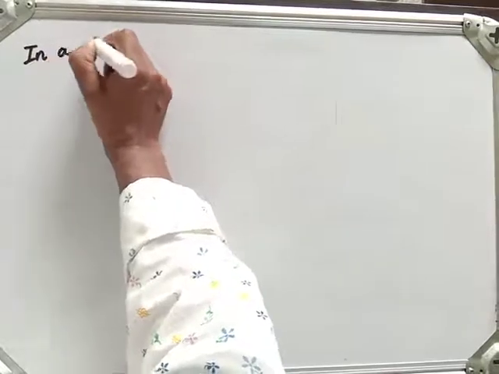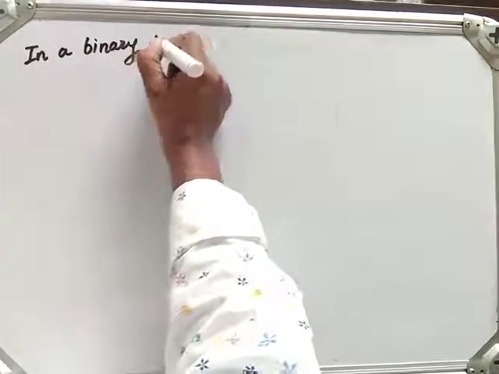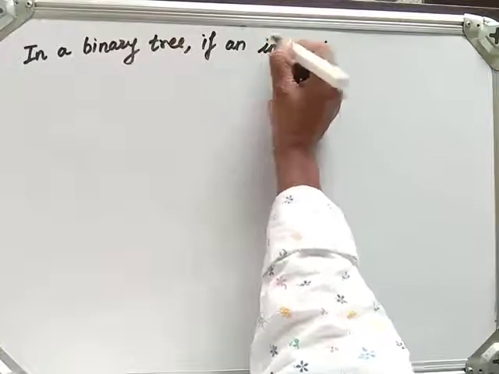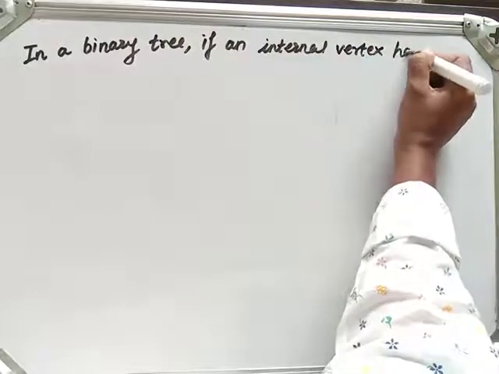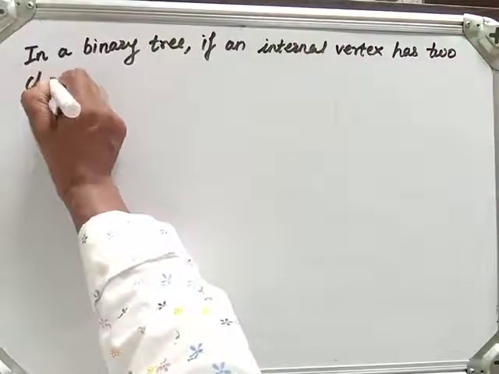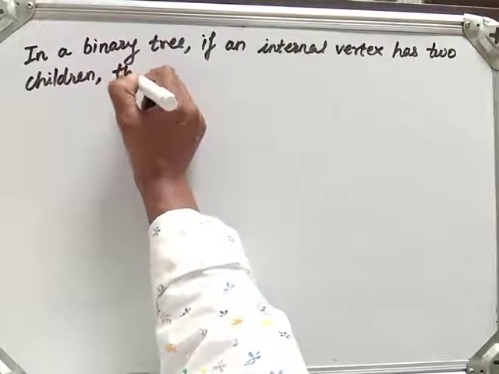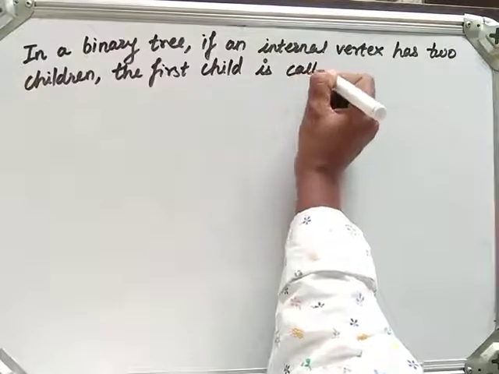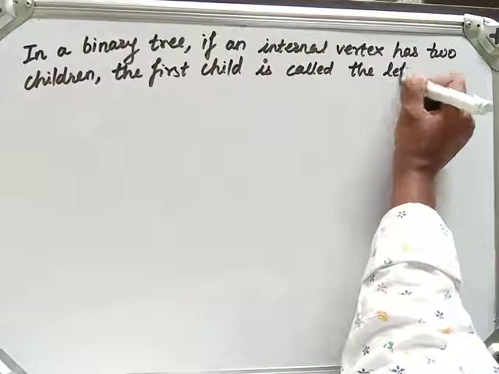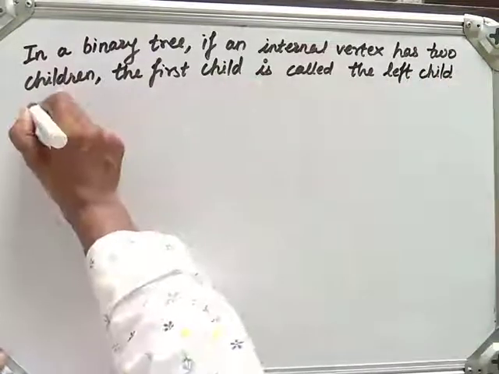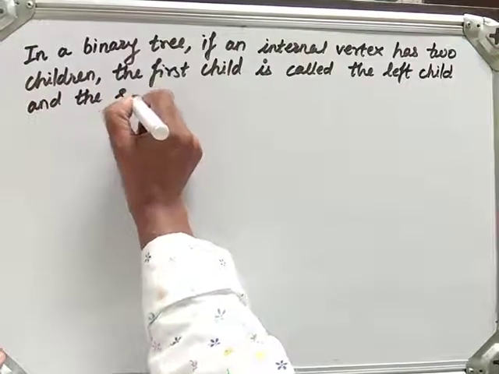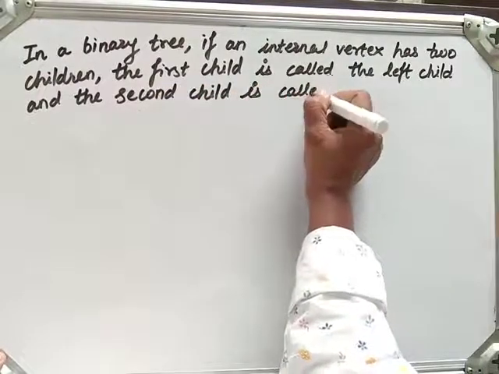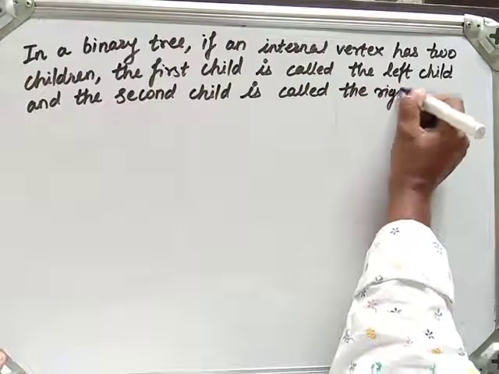In a binary tree, if an internal vertex has two children, the first child is called the left child, and the second child is called the right child.